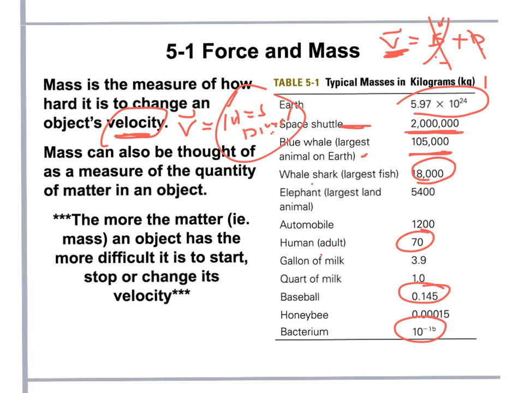An object's going to be much more difficult to start, stop, or change that velocity, changing the speed, changing the direction, or changing both. So again, the more matter you have, the more difficult it is to change that velocity.